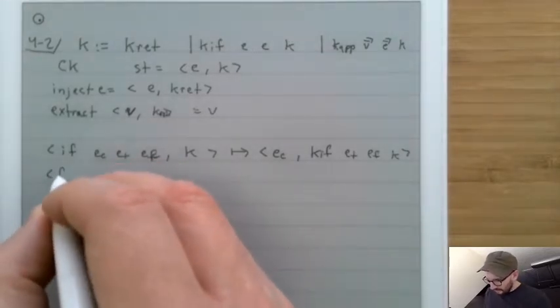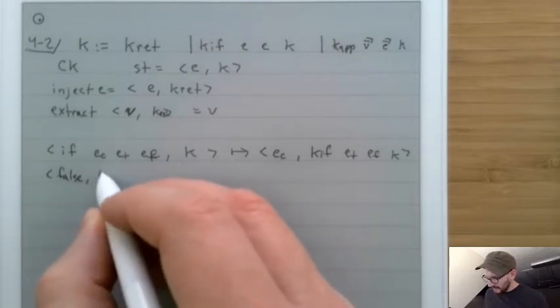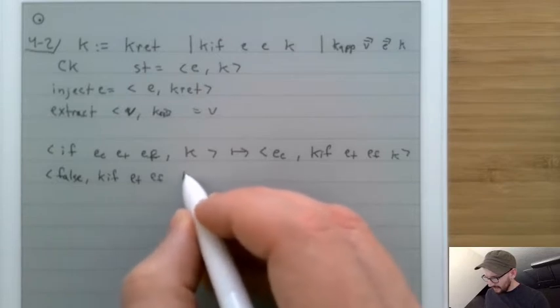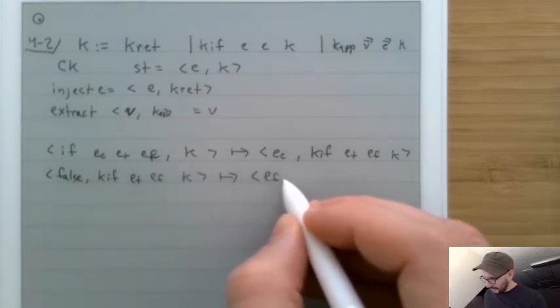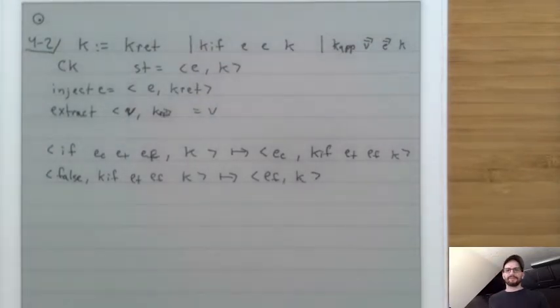Then if we have a false, and at the top of the K is a KIF with ET, EF, and K, then we reduce this to EF, just that K right there.